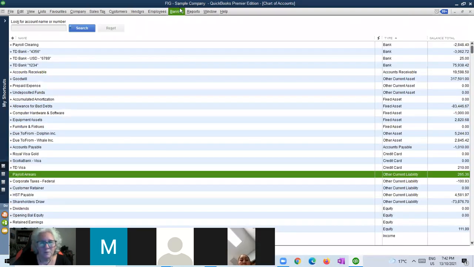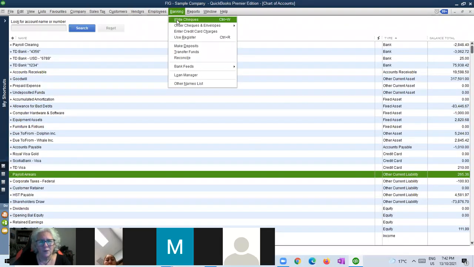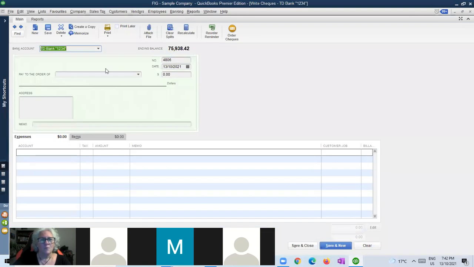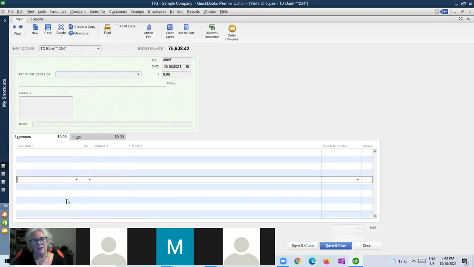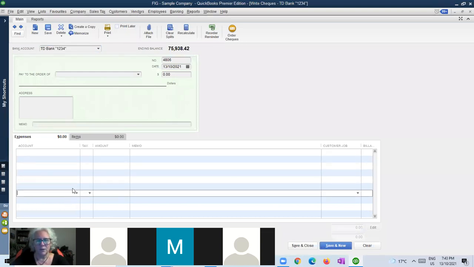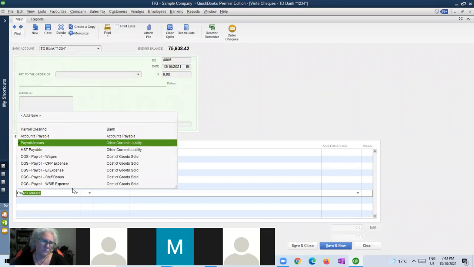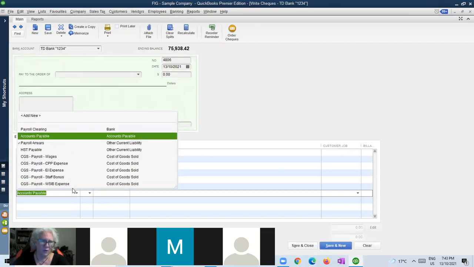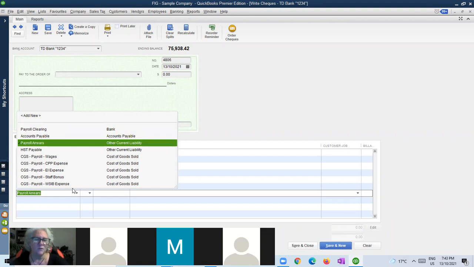I'm so sorry I don't have an example here, but the payroll liability will show up here, and then I offset it on the last line and send it to payroll liabilities arrears, and I zero it out.